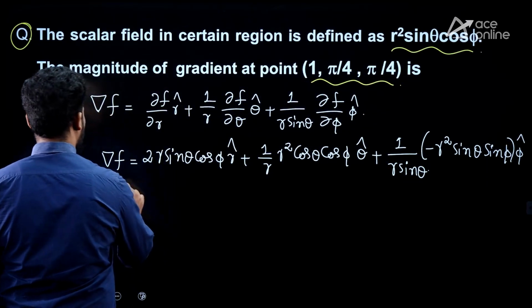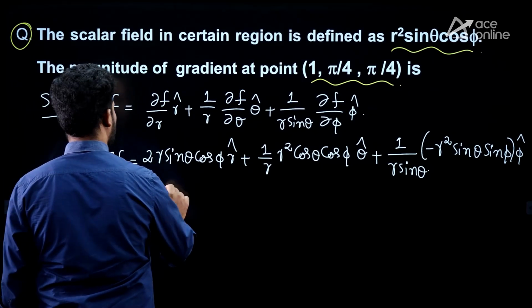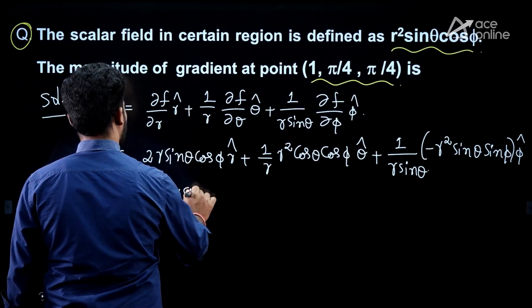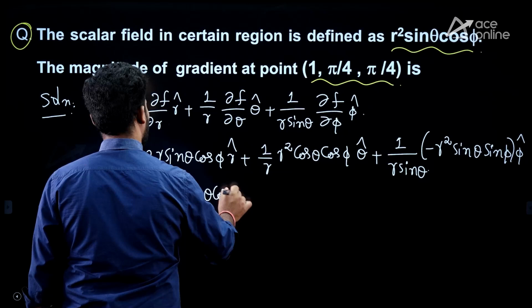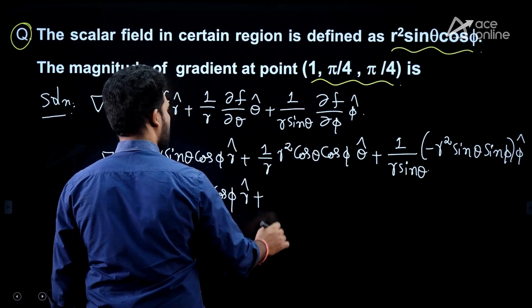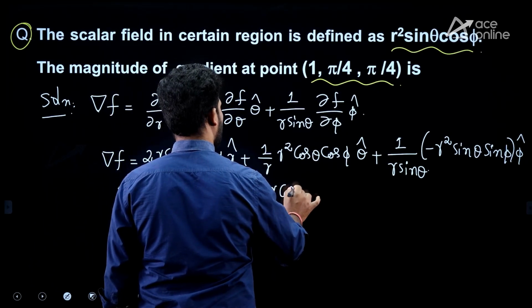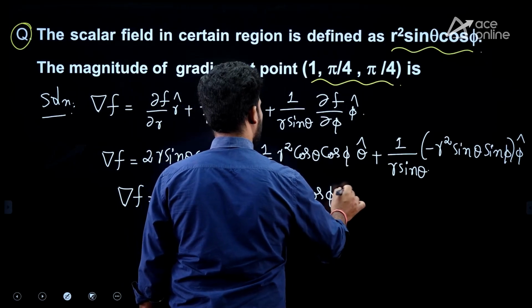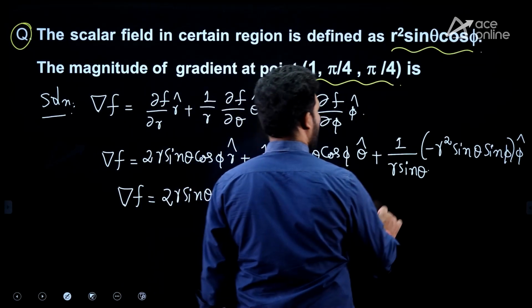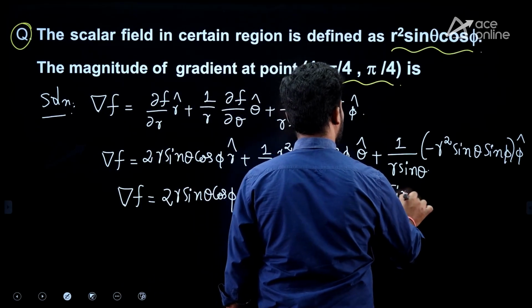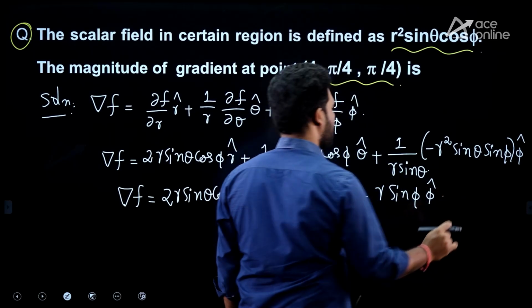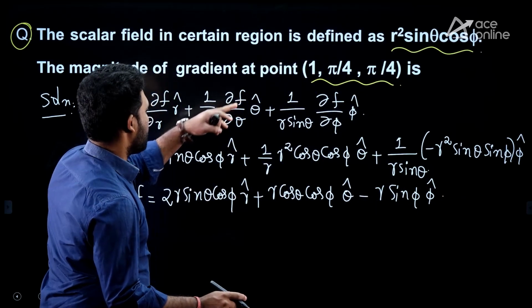Clear, friends? So the gradient of f is 2r sin theta cos phi r cap plus r cos theta cos phi theta cap minus r sin phi phi cap.